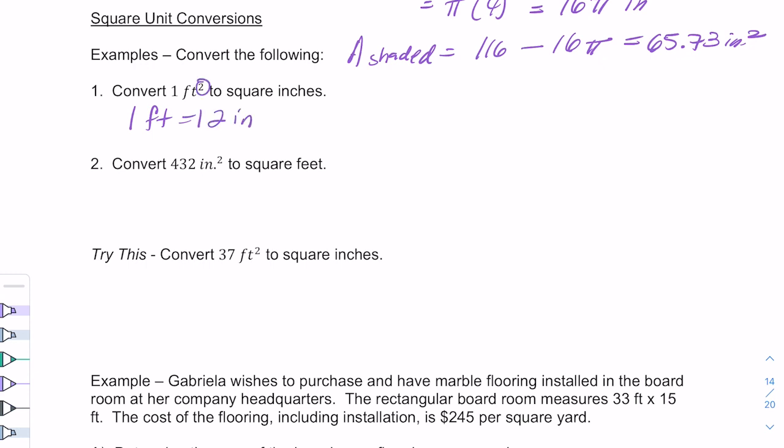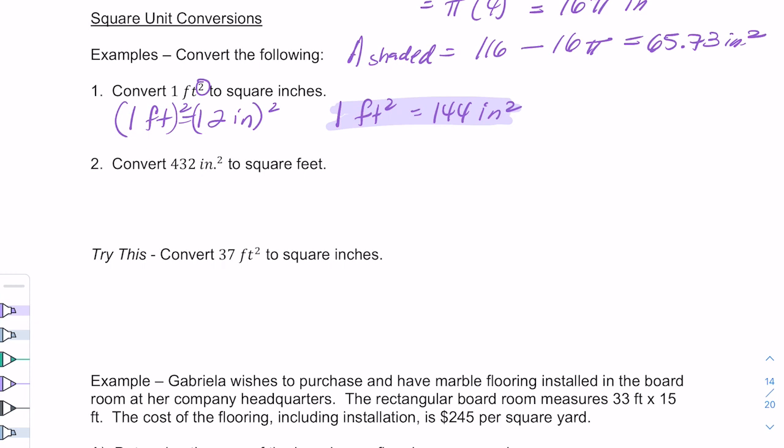So if I want 1 square foot, all I have to do is square both sides. So 1 square foot is equal to 12 squared inches. 12 times 12 is 144. So 1 square foot equals 144 inches squared, which is important because that's going to help us convert other problems.